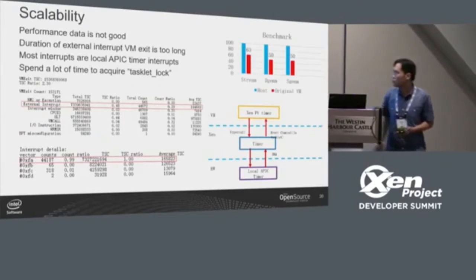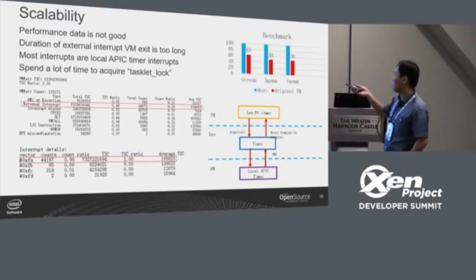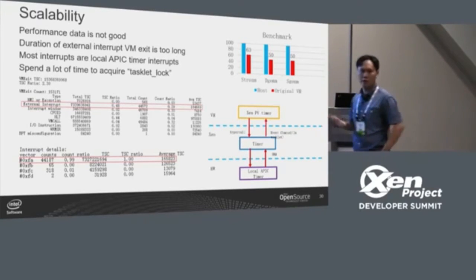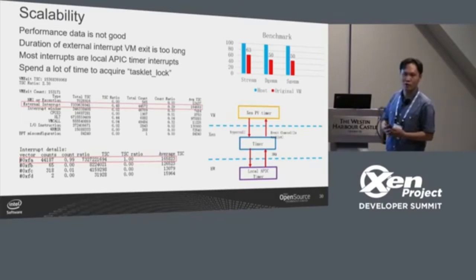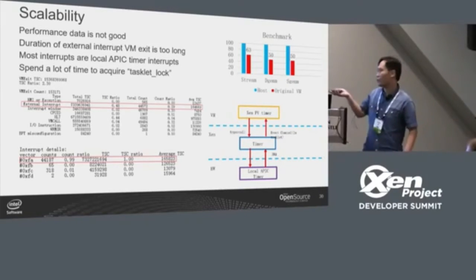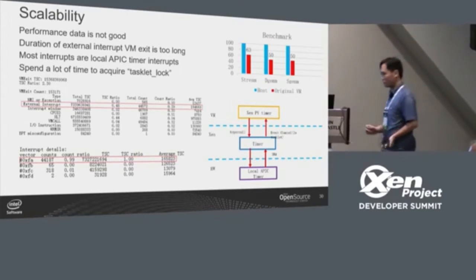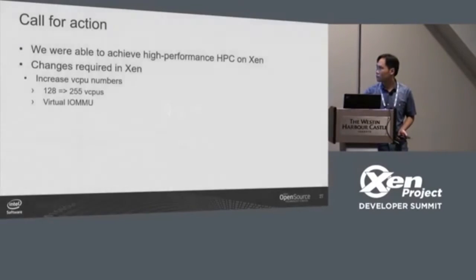The guest uses the PV timer and then it sets a request to the hypervisor. It uses the local APIC timer to implement the PV timer. And then when there is an interrupt, it will cause the guest VM exit. The hypervisor does it on behalf of the guest.